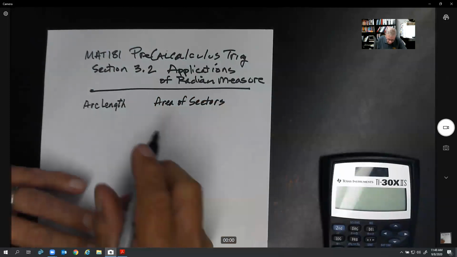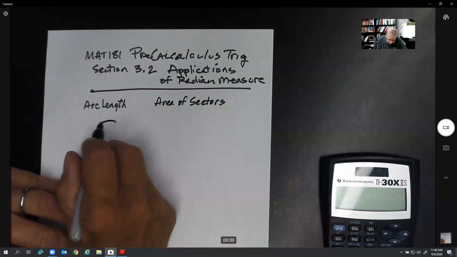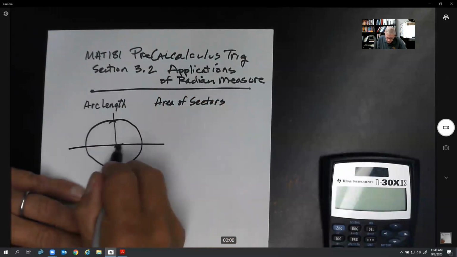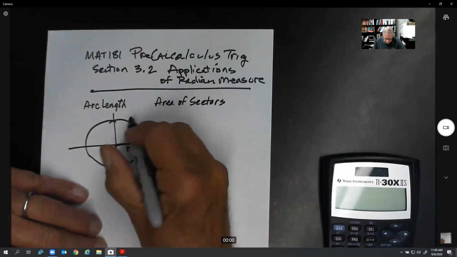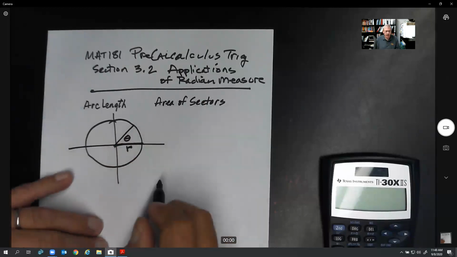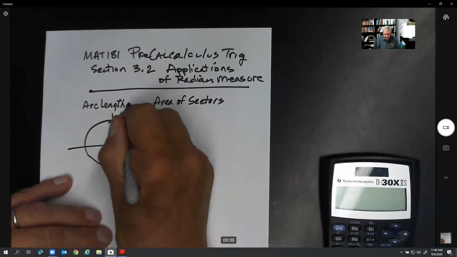So what are we talking about? Let's suppose we have a circle here, and we have a radius from here to here, right? And we have an angle, theta. What we want to do is find this distance. This is what we call the arc length.